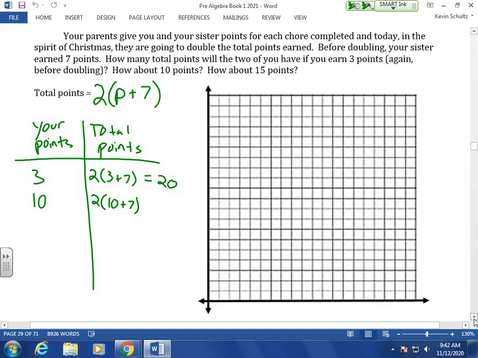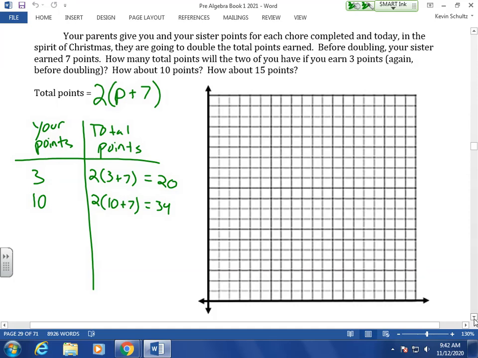What's our total? 17, but then we have to double that. So 17 times 2? 34. Okay. Add that 10 and 7 to get 17, but then you have to double that to get to 34.